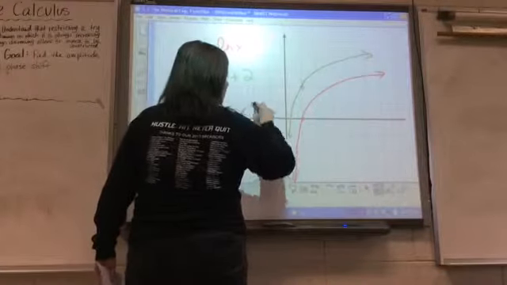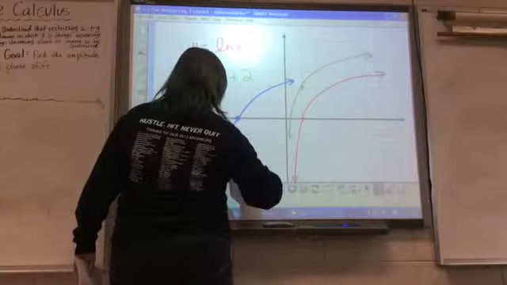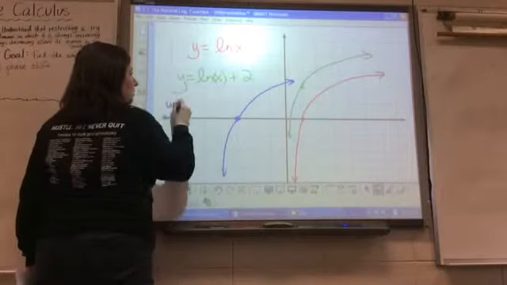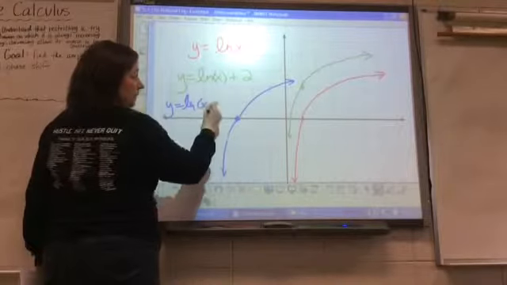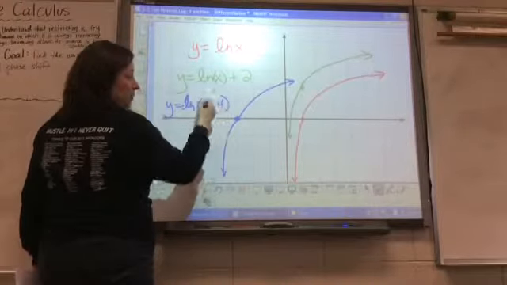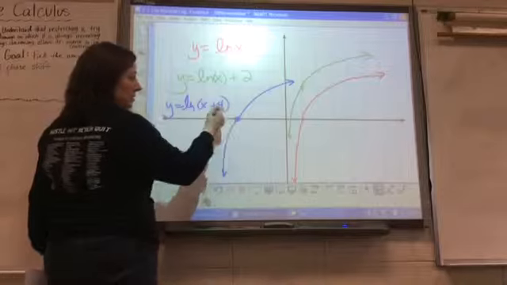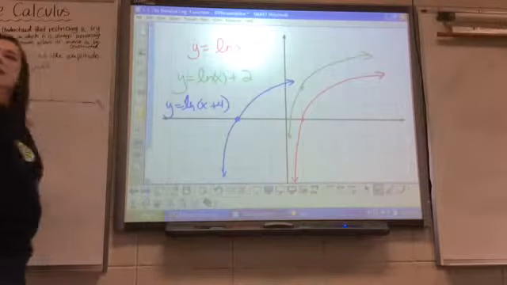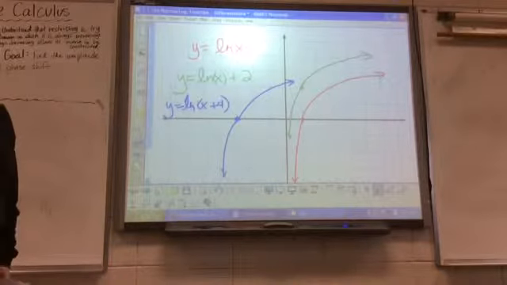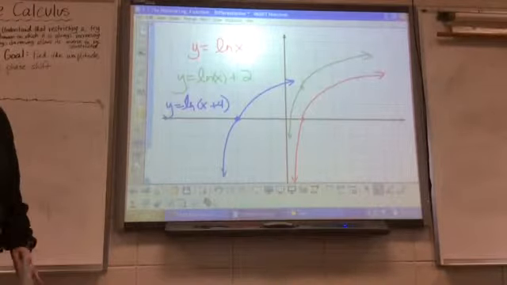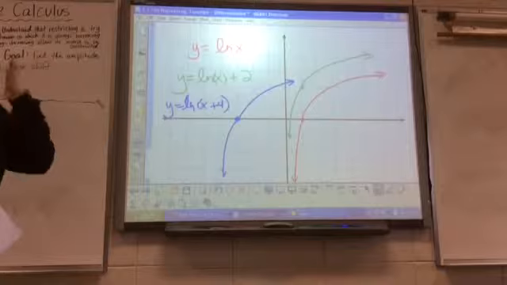All right, let me fix this better. So that would be y equals ln x. Right, because in parentheses, when it happens, it's left. So these are just your little parent graph shifts that I'm talking about doing to this thing. So you can make any of those little shifts.